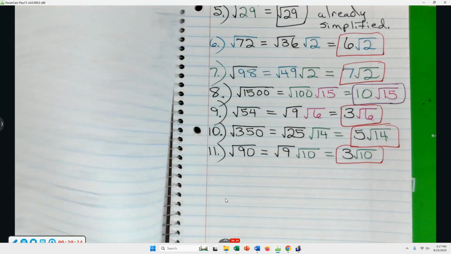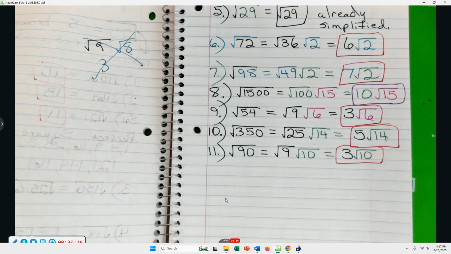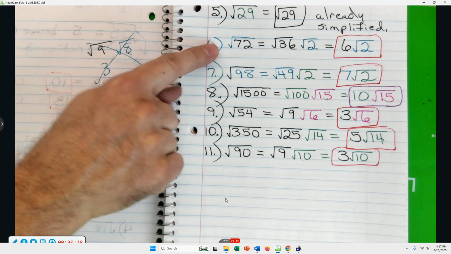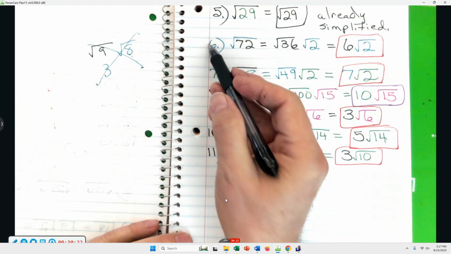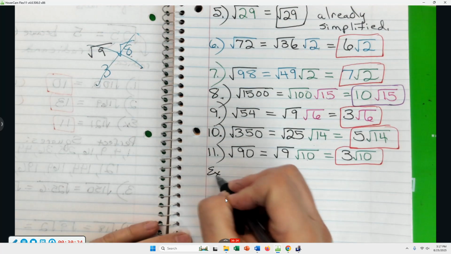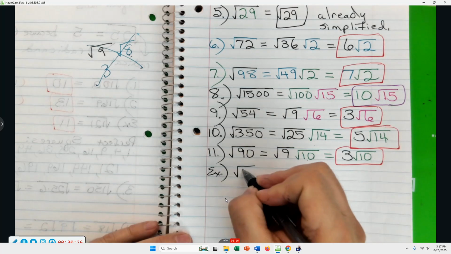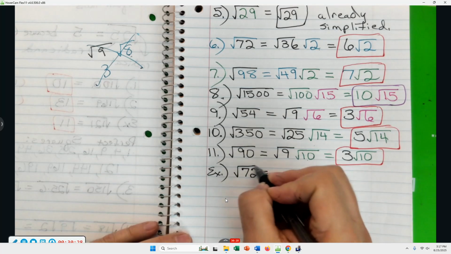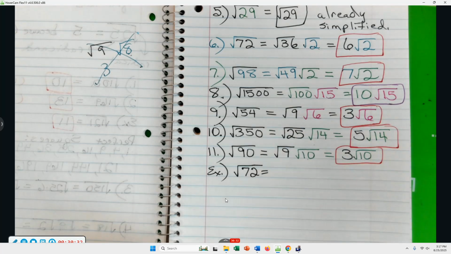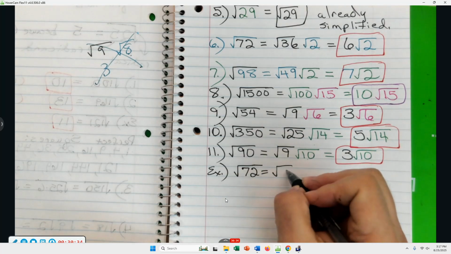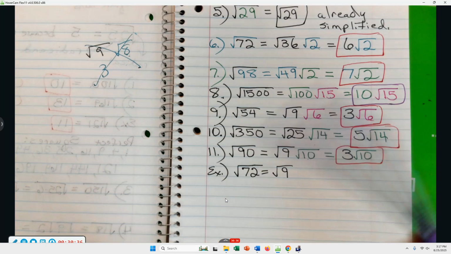For illustration purposes, to answer that question better, work number 6 with 9 times 8. Looking back at the square root of 72, we'd already said we'd use 36 and 2, but suppose we had used 9 times 8.